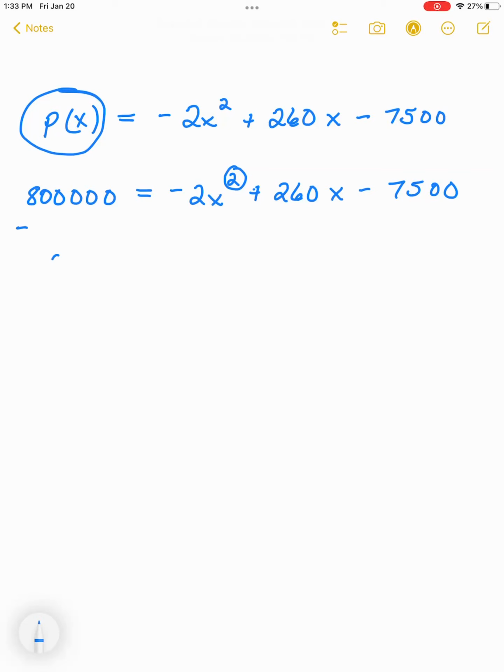So in this case, and by the way, let me actually do something here now. I wrote in 800,000, but be careful with that. The profit is expressed in thousands. So to express $800,000, I actually don't want to write 800,000.